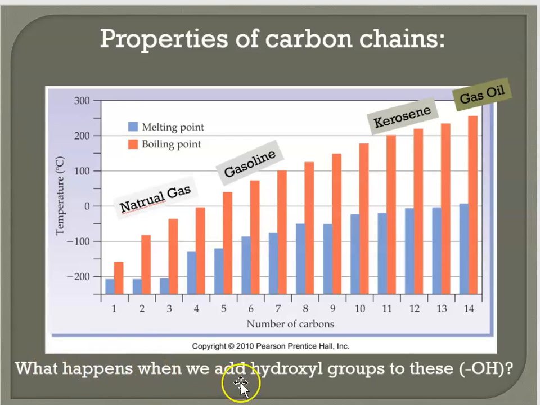One of the questions I have here is what happens when we add hydroxyl groups, or OH groups, onto these. You should think about that. That should be something you have a firm understanding of. I'm not going to talk about it right now, but that's something you should be aware of. What's that functional group going to do to the melting points and boiling points?